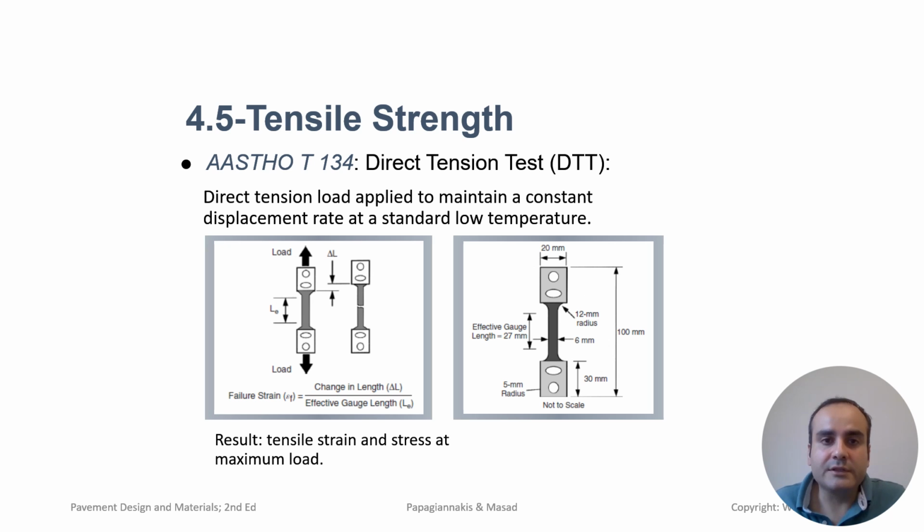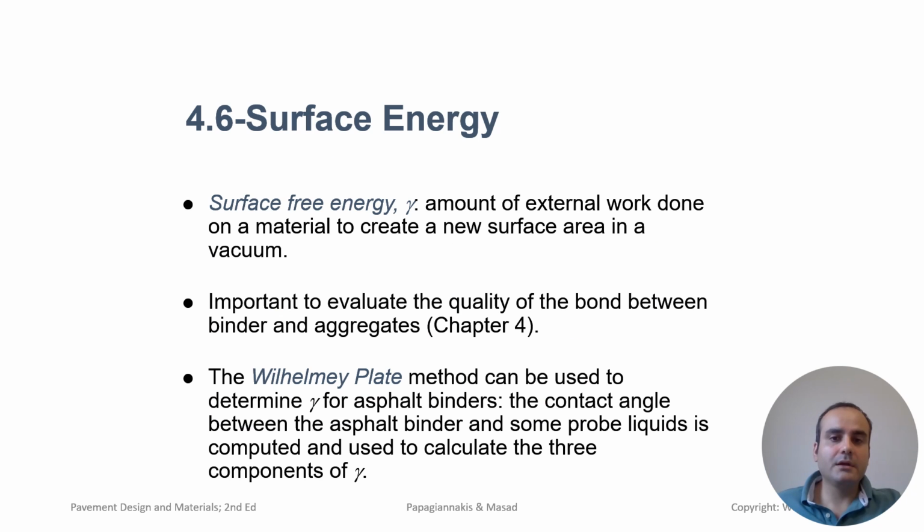The binder is pulled apart under controlled conditions until it breaks. Tensile strength provides insight into the binder's ability to withstand tensile stresses that lead to cracking, making it a key factor in preventing thermal cracking in cold environments.